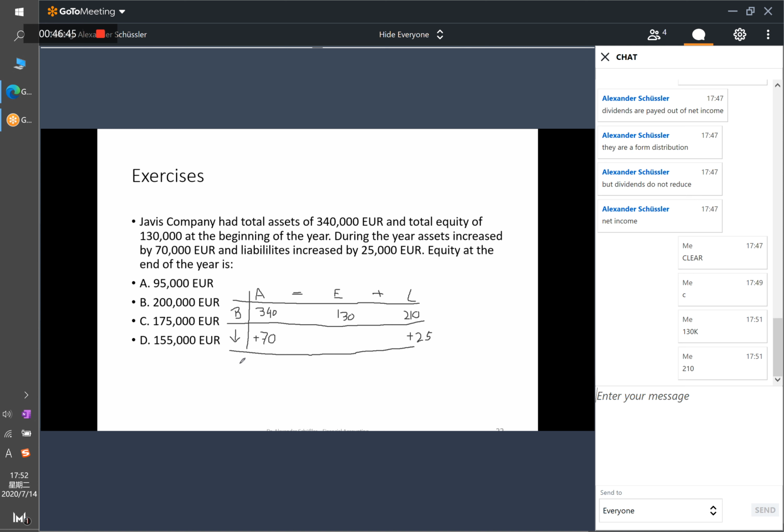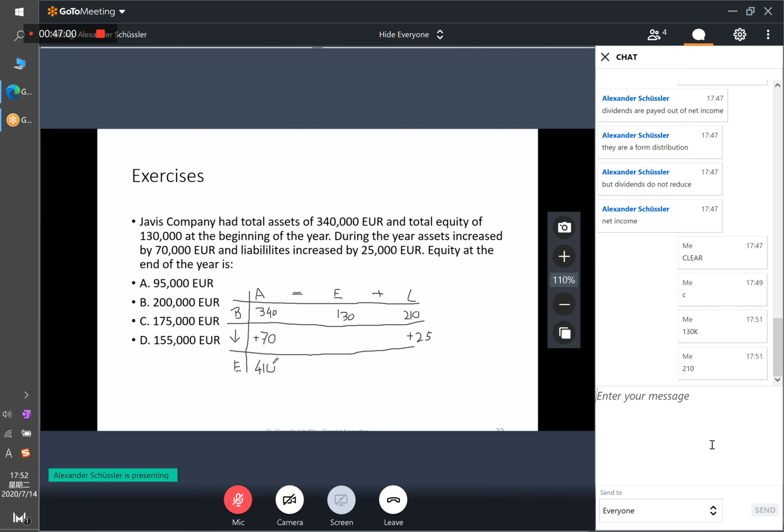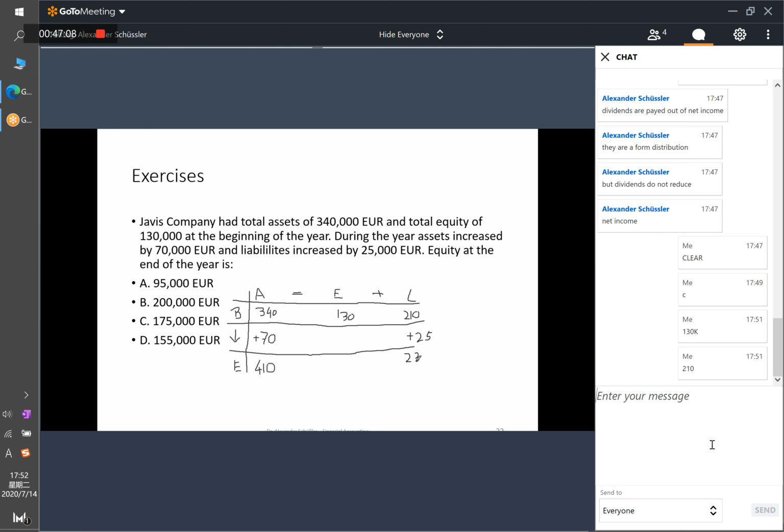So let's see what we have at the end. So here we have assets of, what is it? 410. We have liabilities of 235.